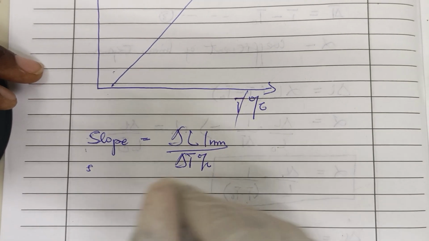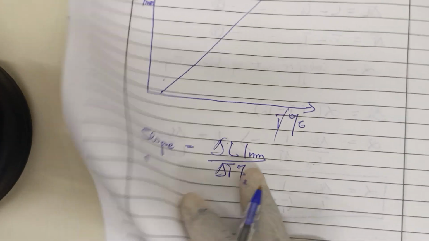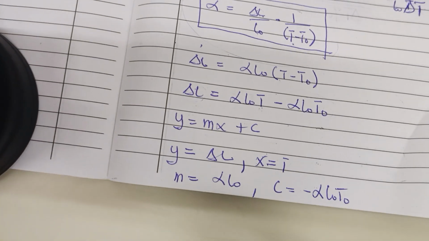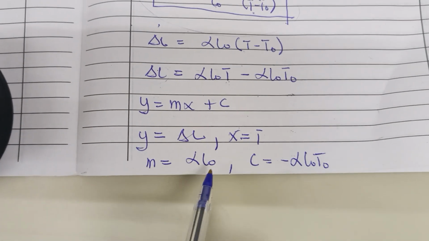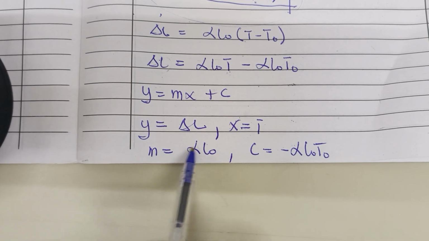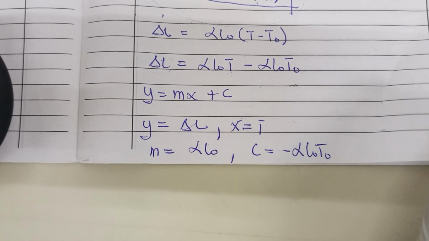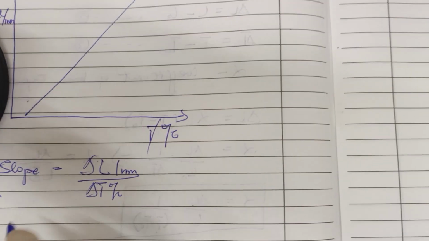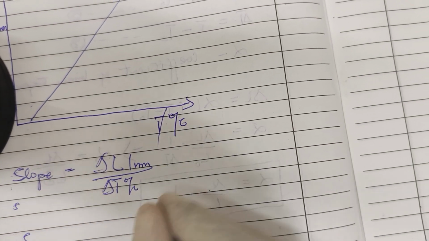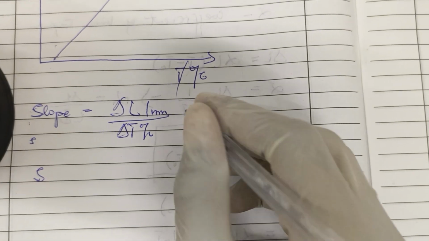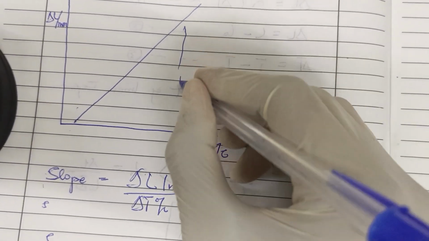Now we can equate our slope, because we understood from here that our slope, or our gradient, equals the coefficient of linear expansion times the L naught.